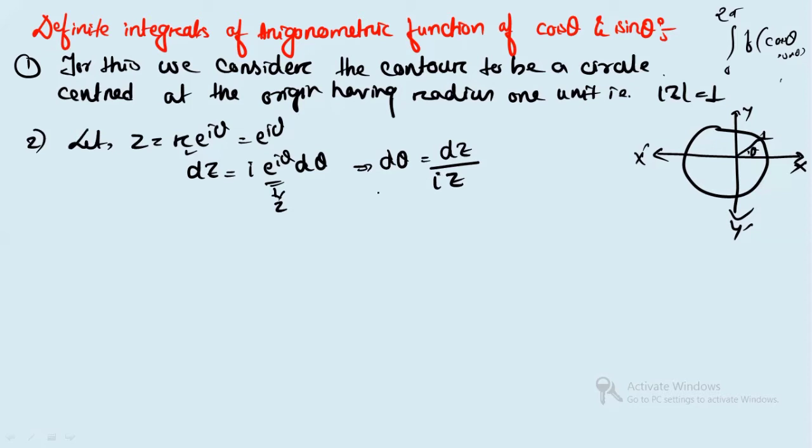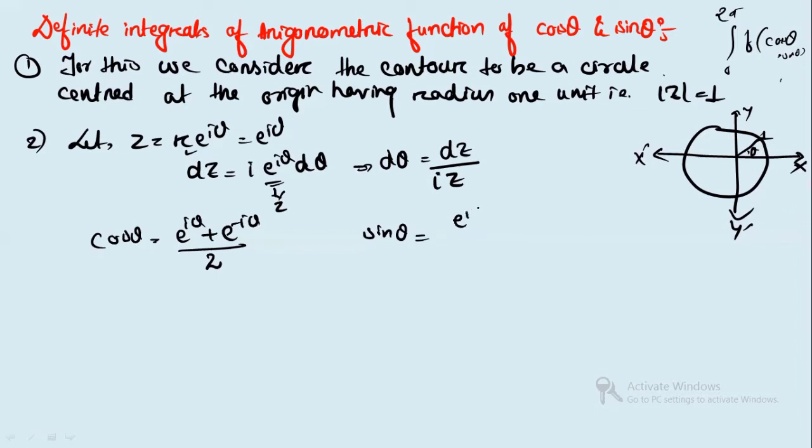Is it clear? Now you see, in the question you will get either cos theta or sin theta. Now we know cos theta is equal to e to the power i theta plus e to the power minus i theta by 2, and sin theta is equal to e to the power i theta minus e to the power minus i theta by 2i. So here you will just substitute z instead of e to the power i theta, which means you have to write cos theta in terms of z.